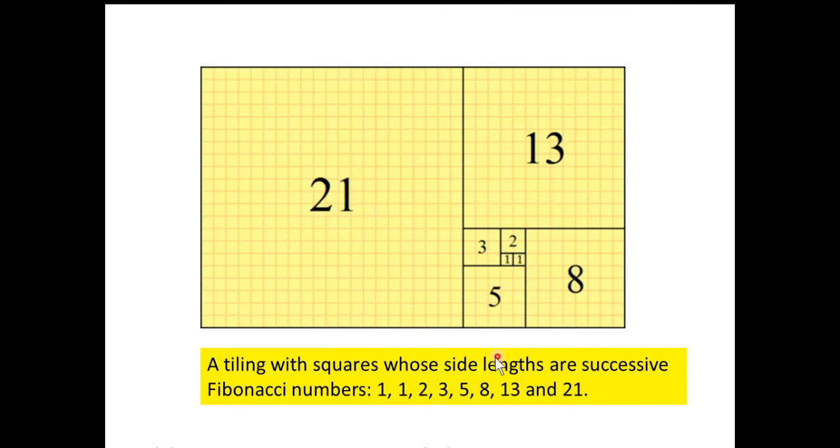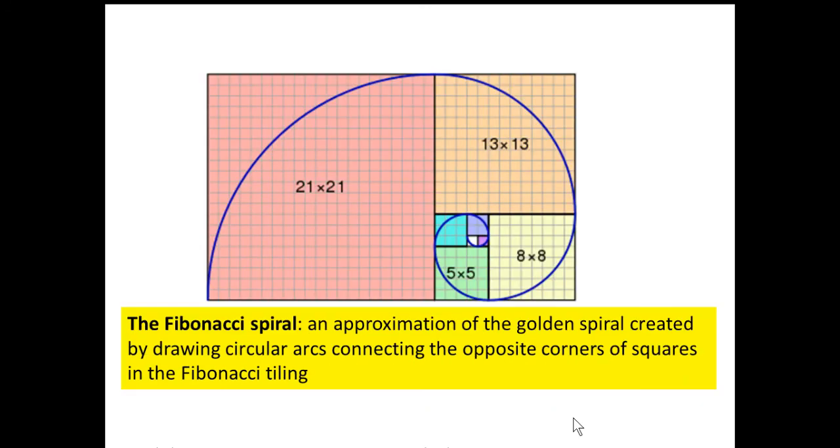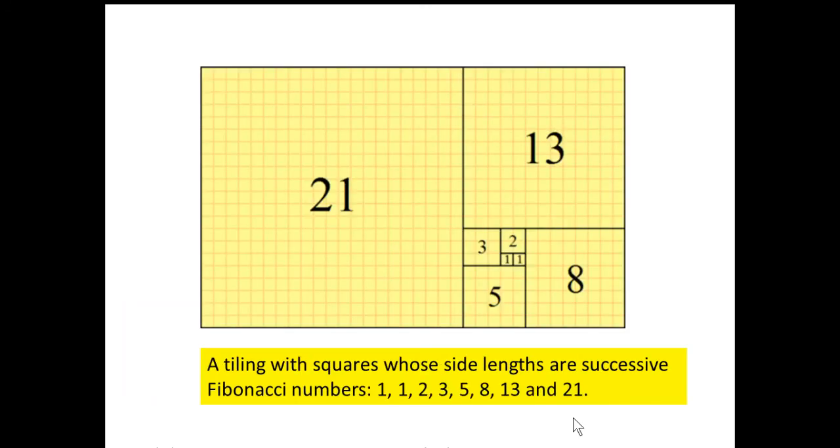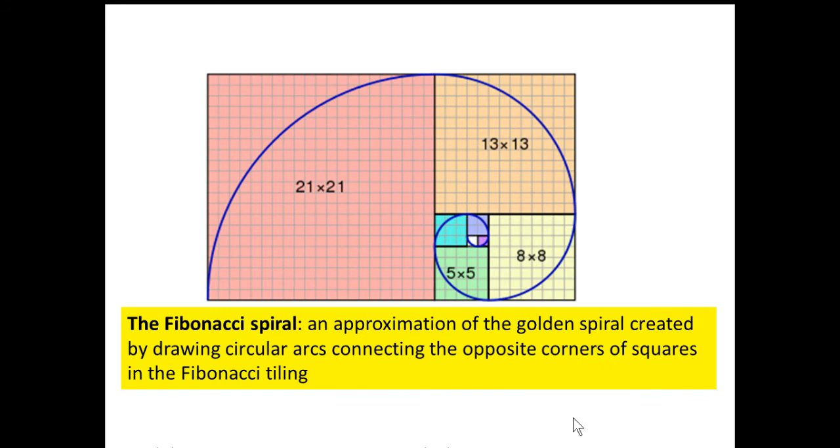So a tiling with squares whose side lengths are successive Fibonacci numbers 1, 1, 2, 3, 5, 8, 13, and 21. This is a Fibonacci spiral and it comes from here only. What we are doing here is an approximation of the golden spiral, created by drawing circular arcs connecting the opposite corners of squares in the Fibonacci tiling. So we are just connecting the opposite corners by a circular arc.